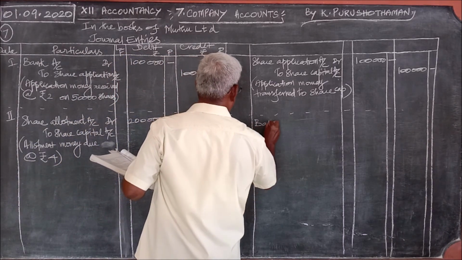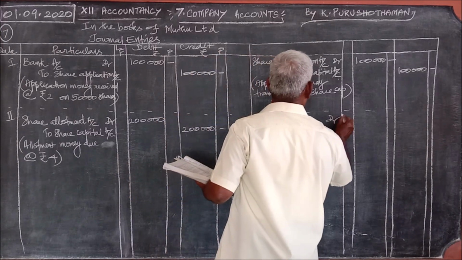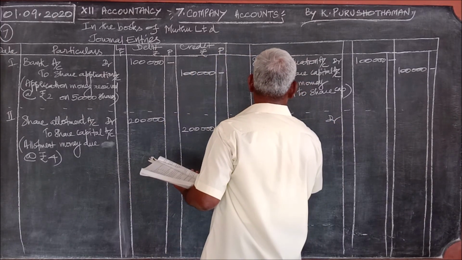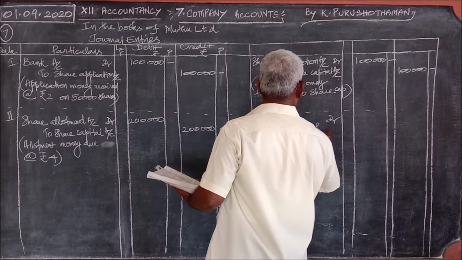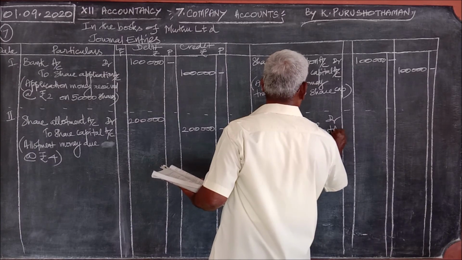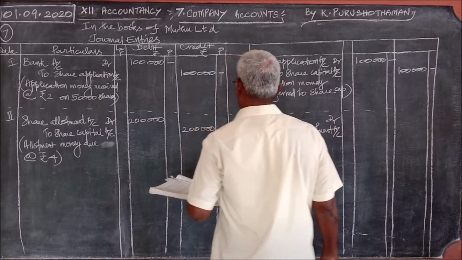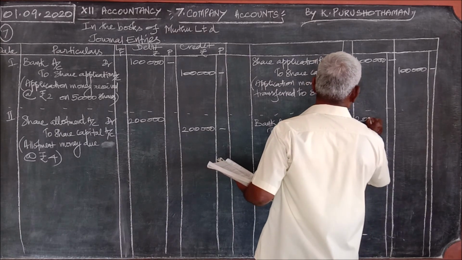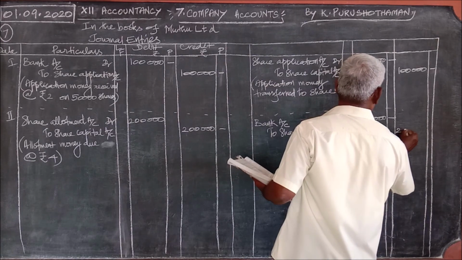Bank account debit to share allotment account, 2 lakhs.